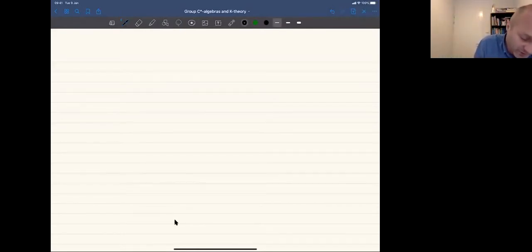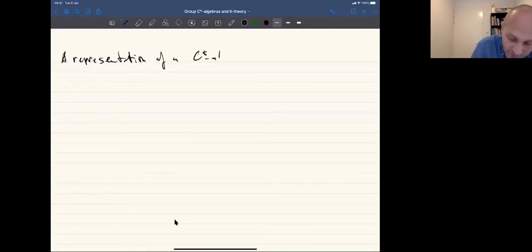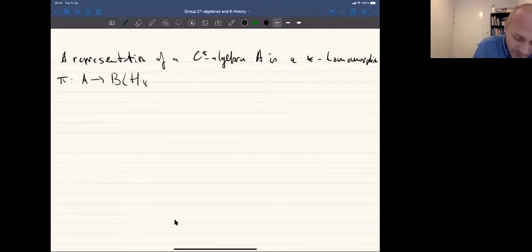So a representation of a C-star algebra A is, by definition, a star homomorphism pi from A to B of H pi. So a representation could be denoted by pi, comma H pi, where H pi is a Hilbert space.